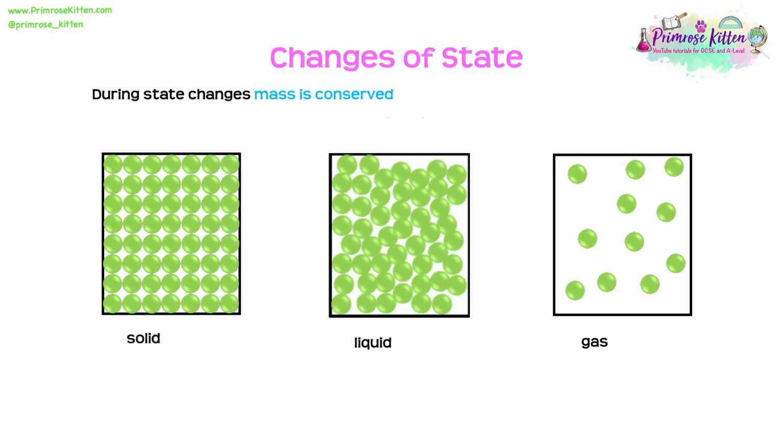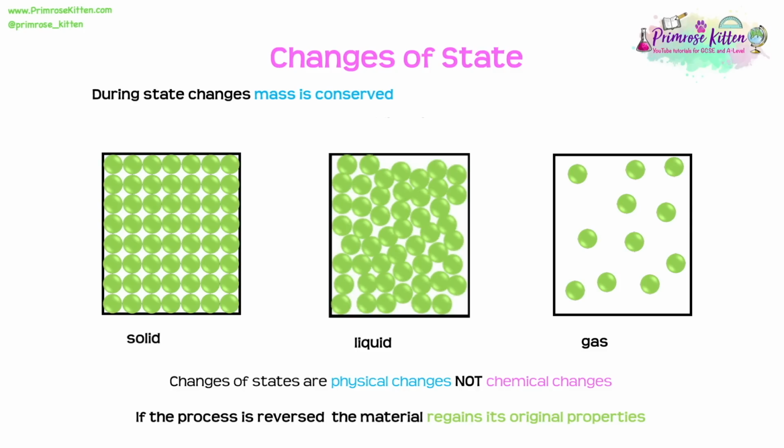During changes in states, mass is conserved. We need to know that changes of states are actually physical changes, they're not chemical changes. If we reverse the process, the material will regain its original properties. So if we think of some of these processes that take place, we should know that going from a solid to a liquid is the process of melting, whereas going from a liquid to a solid is freezing.